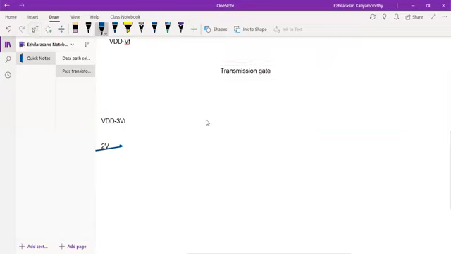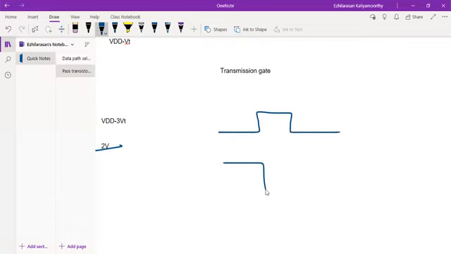The transmission gate is nothing but the combination of PMOS and NMOS. So this will be your PMOS, then this will be your NMOS. Now both you have to connect like this, in parallel, you have to connect here, and connect this also.